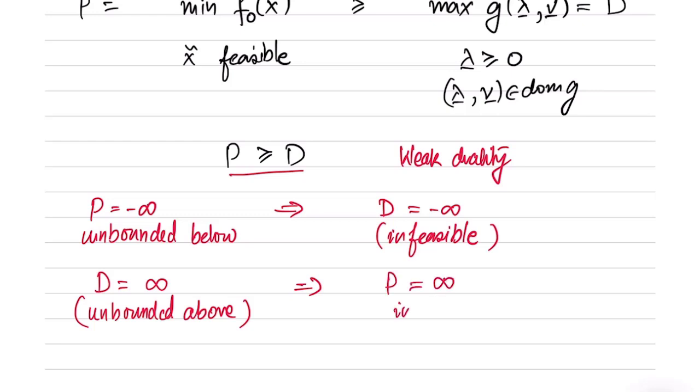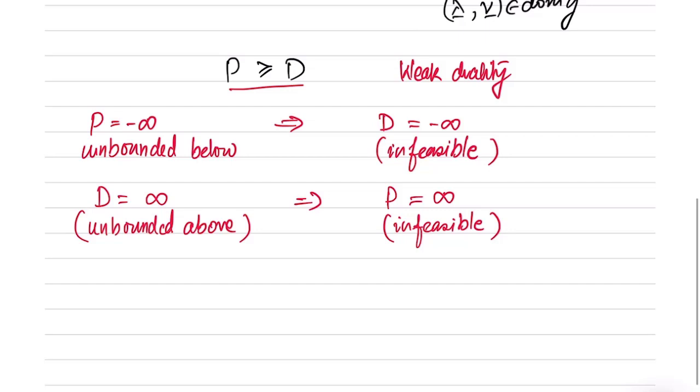So this means that the primal problem is infeasible, right? So the weak duality and the definition of the Lagrangian link together the primal and dual problems in this way. And in general, the primal objective is always greater than or equal to the dual. And this property holds even when p or d are infinity or minus infinity.